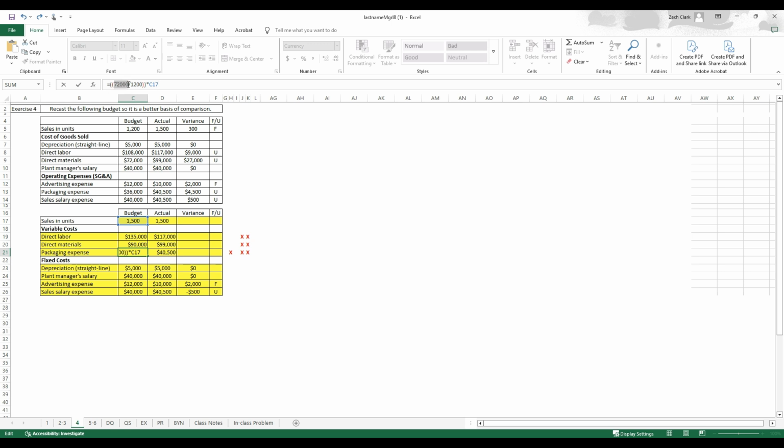That was 36,000 total at 1,200 sales. So we're going to get a per unit sold cost, but then we're going to flex that up to 1,500. And that gives us more of an apples to apples comparison there. And again, we don't do that for the fixed cost because the fixed is fixed, right? It doesn't change with increased sales like that.